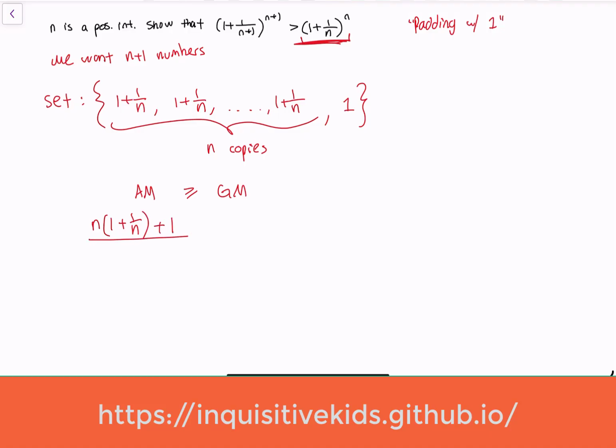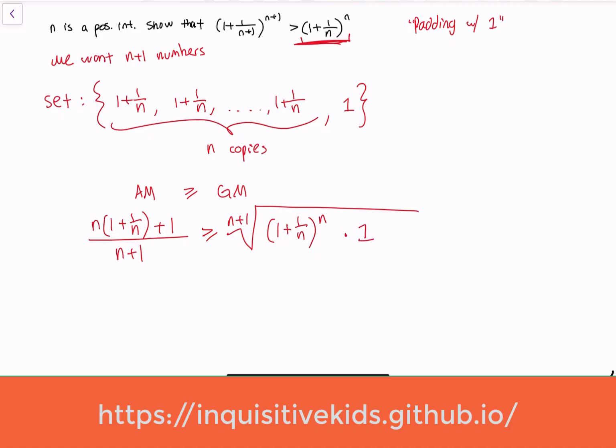All of that over the total number of terms. There's a total of n plus 1 elements. This must be greater or equal to their geometric mean. The geometric mean is, there's a radical symbol, and it's the n plus 1th root. And under it, we multiply the 1 plus 1 over n's together. There's a total of n of them multiplied together. And we multiply a 1 in the end.